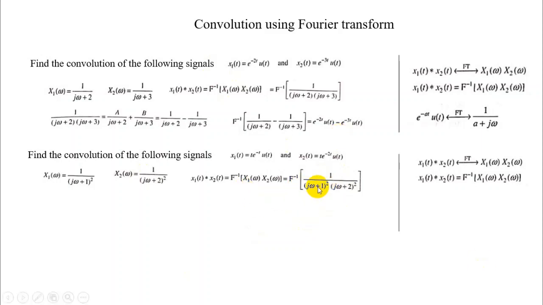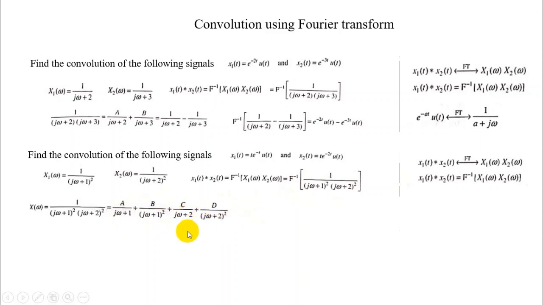Actually we need to go through the process of partial fractions. For the partial fraction, in this fashion we have to perform A, B, C, D, because we have four roots. For the repeated root we need to write it like that: j omega plus 1, j omega plus 1 squared, like that.